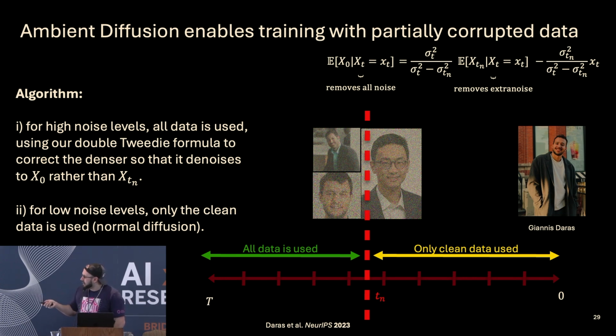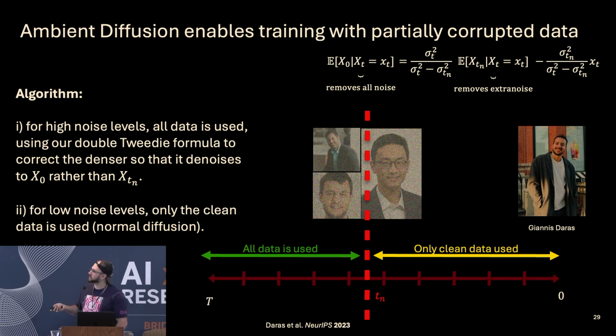Right now, all of this is thrown away. How do we find a way to actually use it without corrupting the model? We don't want the model to start diffusing blurry images or noisy images. We want the model to generate beautiful, high resolution images, but can we still learn something if we train with blurry images? So how do we do this in proteins?